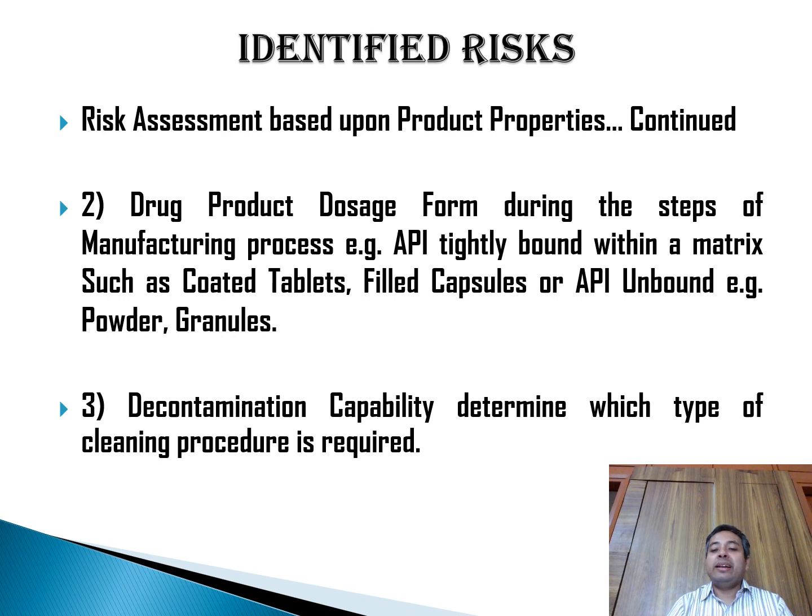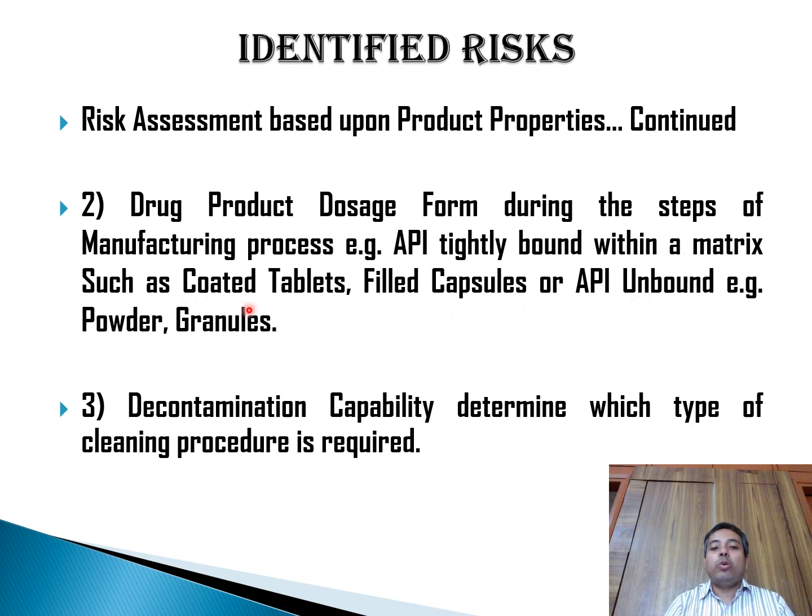The second risk factor to be considered for product is the dosage form of the drug product to be manufactured in the new facility. Based upon the dosage form, we can identify whether the API is tightly bound within a matrix or it is unbound.